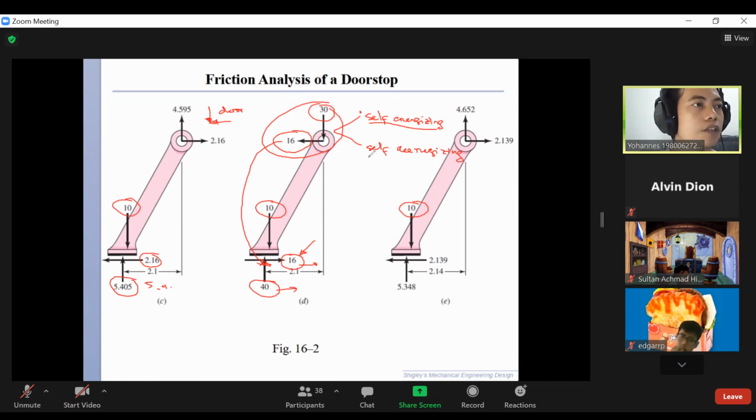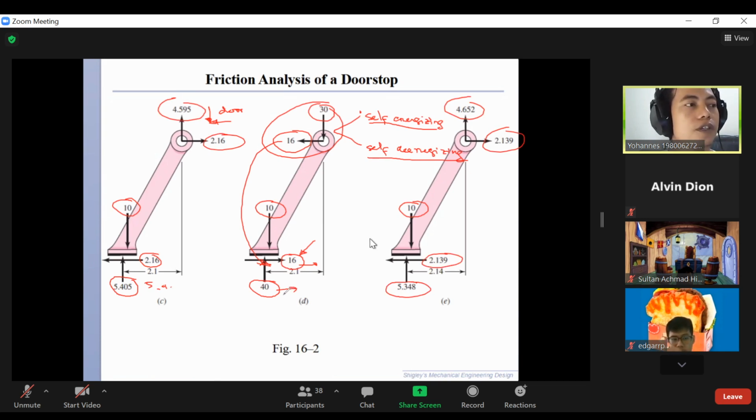And what is self-de-energizing? It is opposite. So we apply similar load, almost similar load here with this, but what we have here is different: the working friction force and normal force are smaller compared to this.